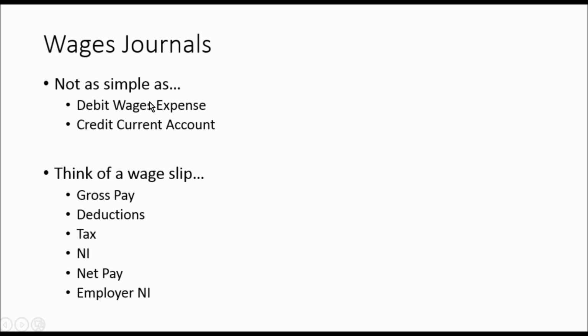So it's not this simple. It's not just moving money from the bank account into the employee's account. Obviously, we have to record that too, but there are other things we have to record, like gross pay, deductions, the employee's tax, the employee's national insurance contribution, their net pay, and the employer's national insurance contribution.